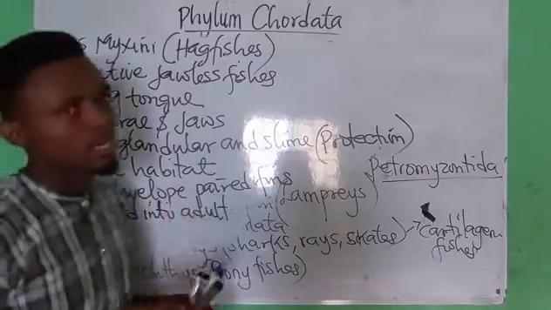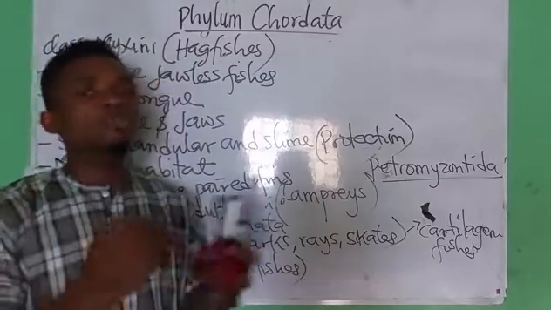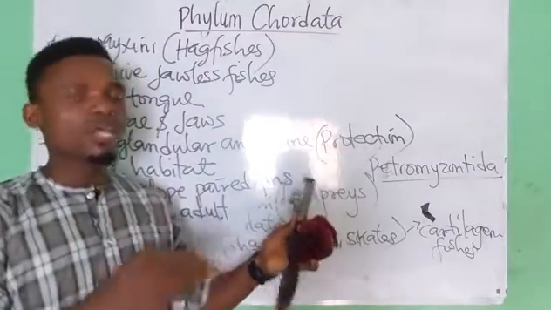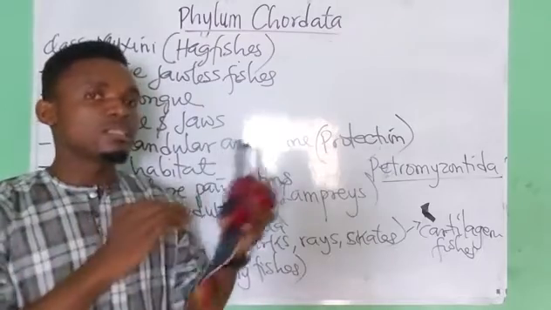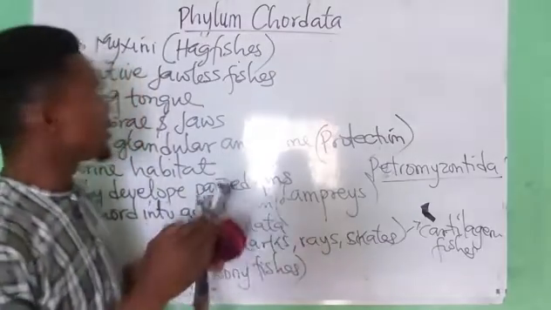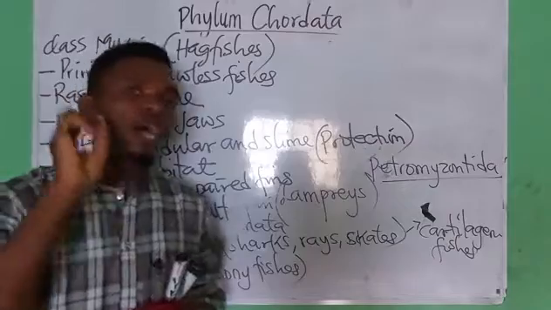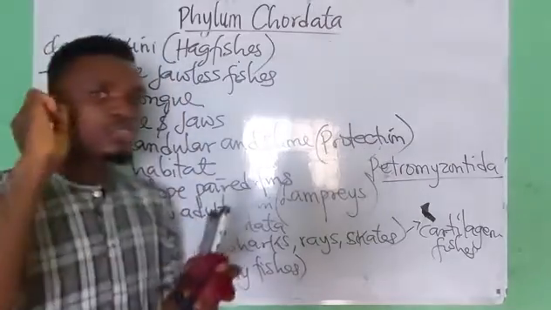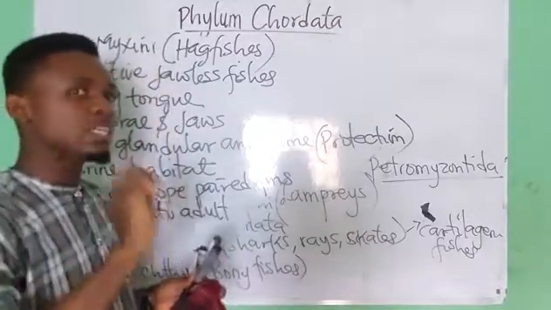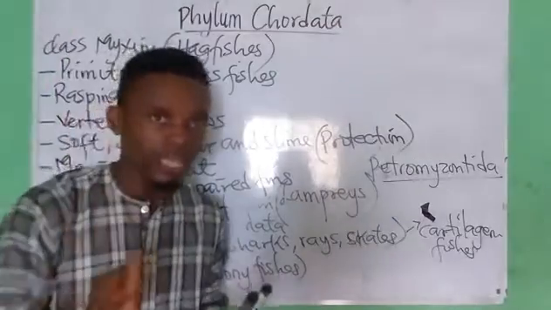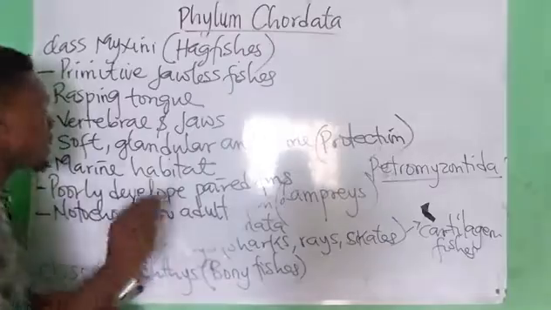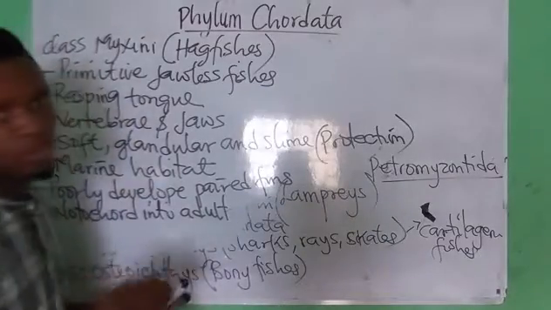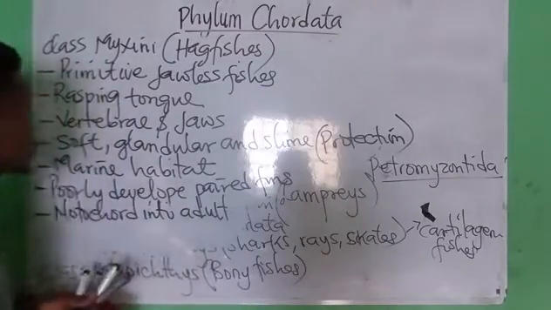The four are present. But as they metamorphose into adult stage, the notochord and post-anal tail disappear, and the dorsal, tubular, or hollow nerve cord reduces to a single ganglion. It is only the pharyngeal gill slits that is retained, okay? But this guy, all of them are retained. You understand that? So please take note of that.